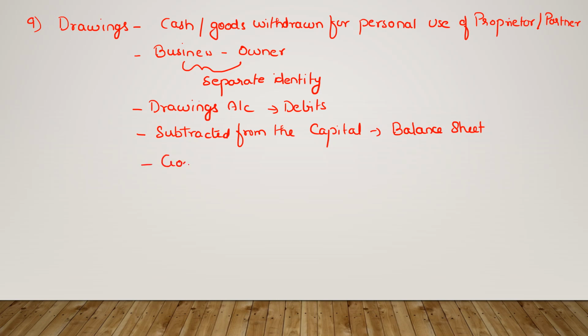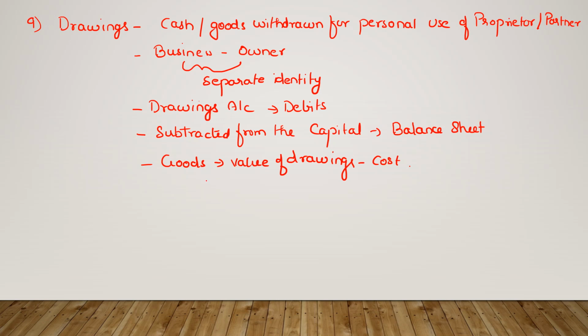But for the goods that are withdrawn, how will you value the drawing? It is valued at cost. So whatever was the cost incurred to purchase those goods for the business, at that value you put the amount of goods withdrawn as drawing.